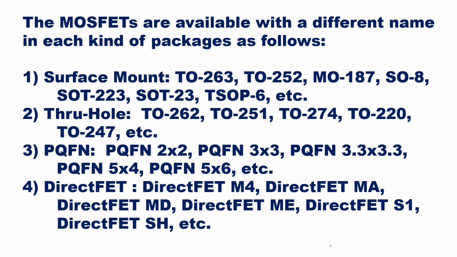In surface mount, you can have TO263, TO252, MO187, SO8, SOT223, SOT23, TSOP6, etc. For through hole, you can have TO262, TO251, TO274, TO220, TO247, etc. In a PQFN package, you can have PQFN 2 by 2, PQFN 3 by 3, PQFN 3.3 by 3.3, PQFN 5 by 4, PQFN 5 by 6, etc. And in the fourth type, direct FET, you can have direct FET M4, MA, MD, ME, S1, SH, etc.